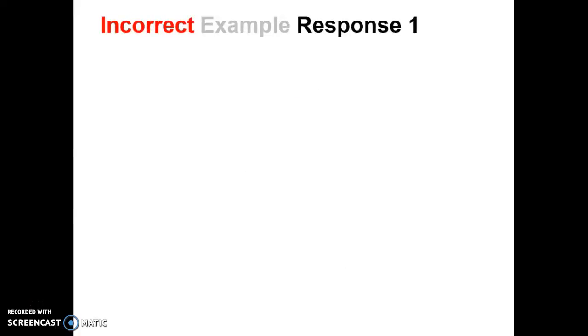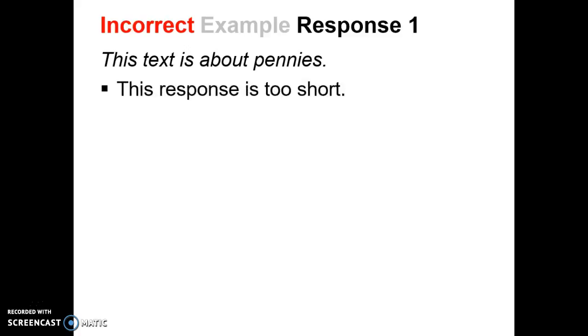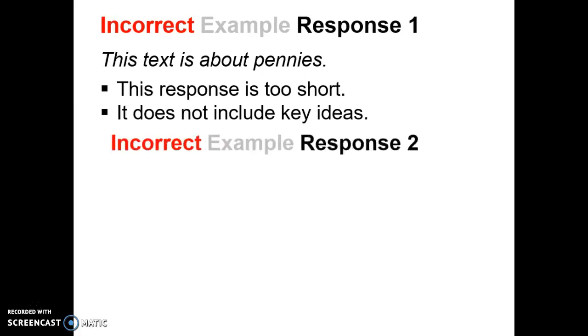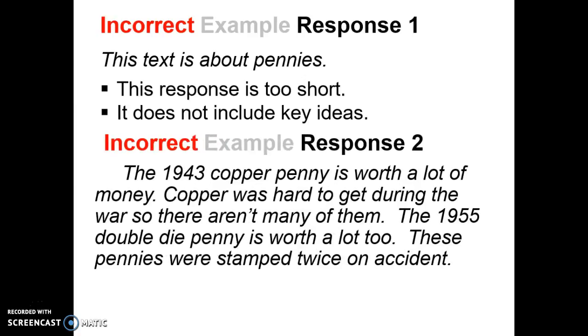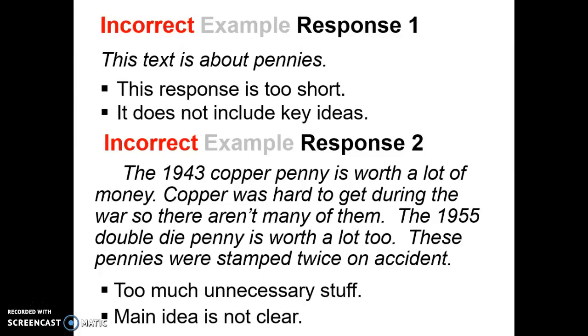So here's an incorrect example of a summary. The text is about pennies. This response is way too short. It does not include any key ideas. Here's an incorrect response, number 2. All of that, I'm not even going to read it. It's way too much. There's a whole bunch of unnecessary stuff that we don't need, and the main idea is not exactly clear.